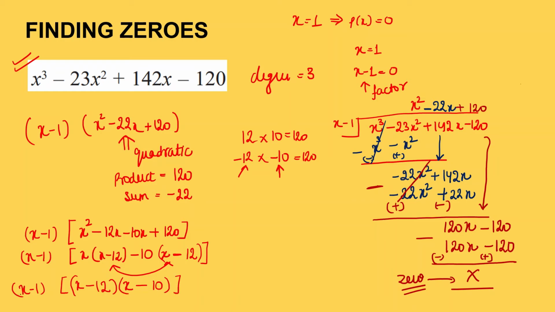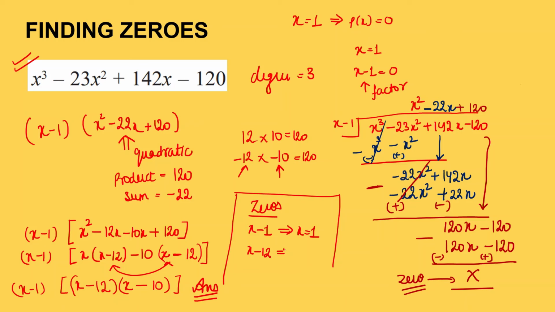So these are the three factors of given polynomial, and in terms of zeros we can say x minus 1, which means x is equal to 1. From x minus 12 you can say x is equal to 12, and from x minus 10 you can say x is equal to 10. So these are the zeros. 1, 12, 10 are the zeros, and when we find out the factors, then we will write in terms of x only.